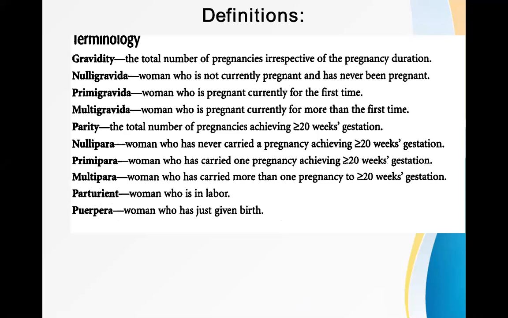Now listen carefully. This puerperal period is considered till 6 weeks after birth, whether she has given birth in a hospital or at home. Till 6 weeks after birth, this is called the puerperal period, or the lady is called a puerpera.